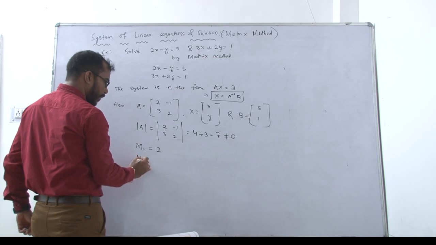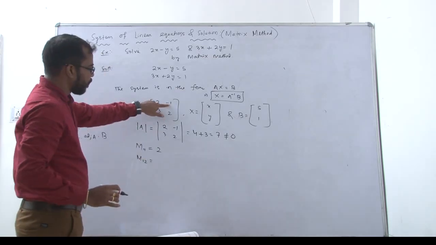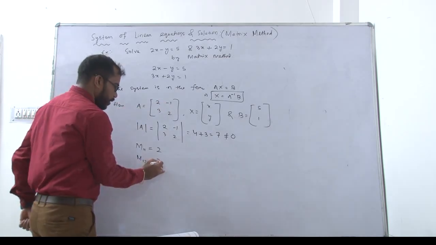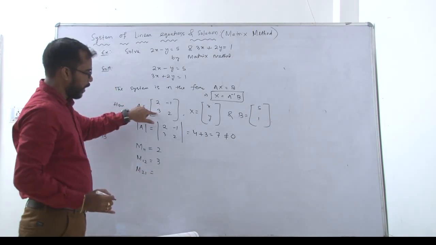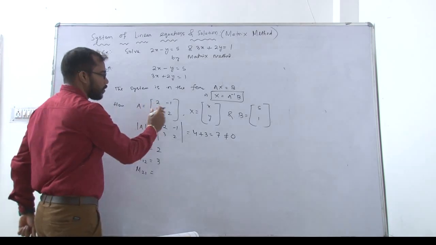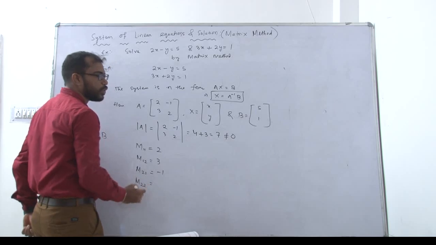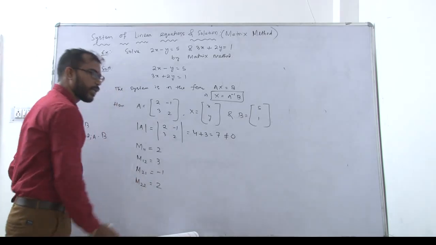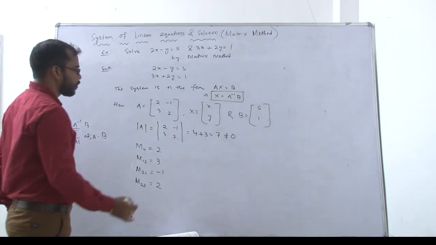And the value of M12, if we delete these values, this is the position of M12, then we get 3. Similarly M21, this position of 3, if we delete these values, we get -1, and the last one is M22. So the value of M22 is 2.